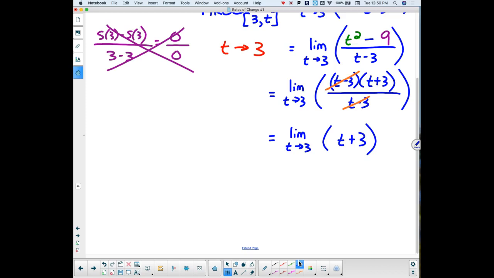Now I don't have a denominator to worry about, so I can substitute 3 for t.